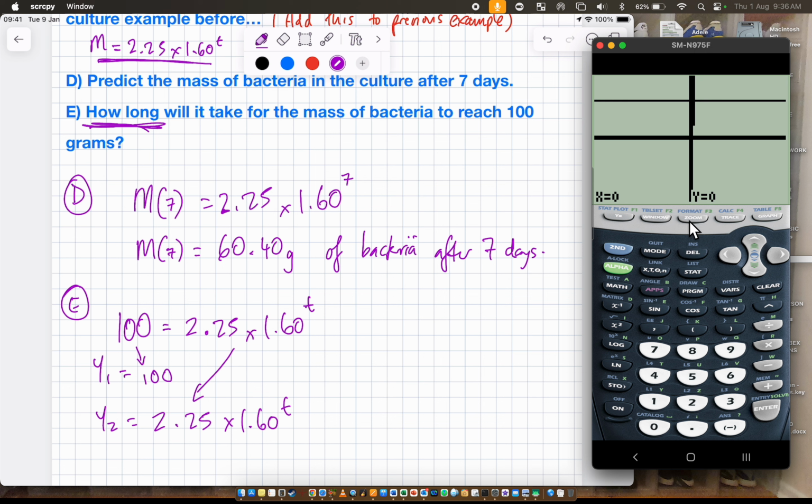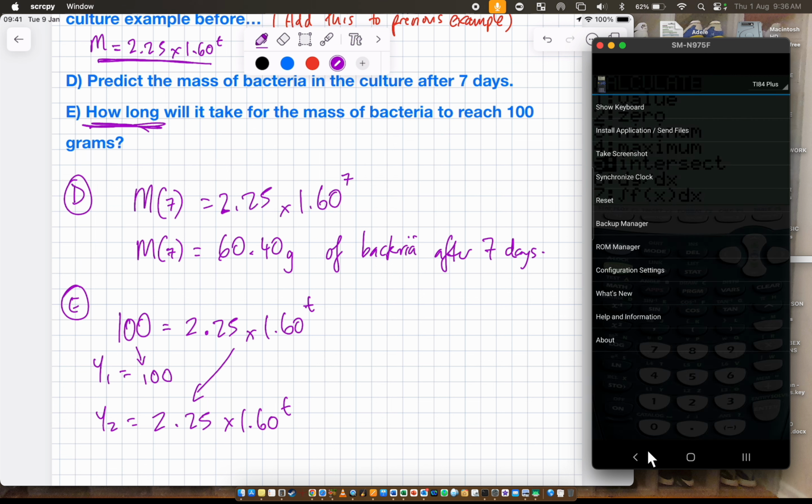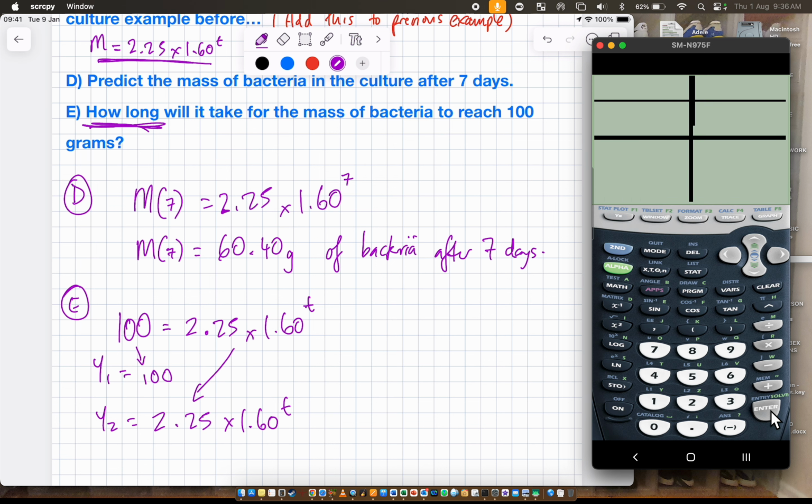So what do I press now to get it to calculate the intersection? Second, trace to get calc. Find the intersection. Oh, that's not what I wanted to do. Intersect. First curve was 100. Second curve was that. That's the intersection there.